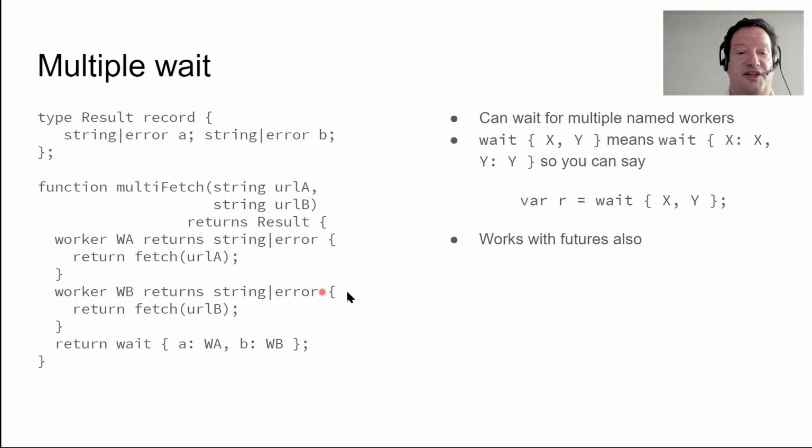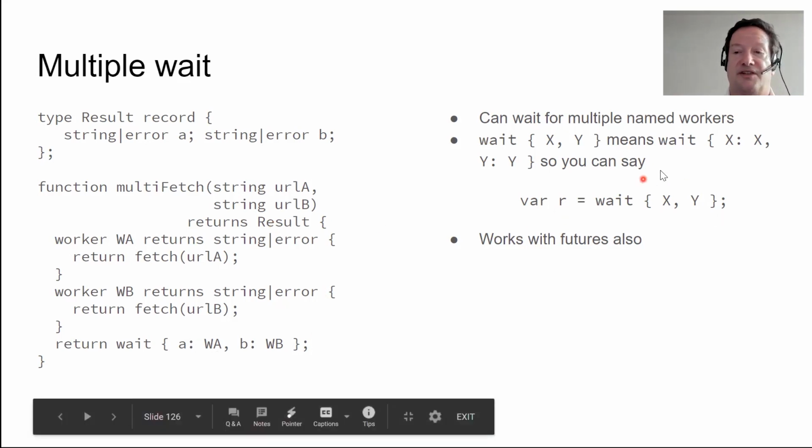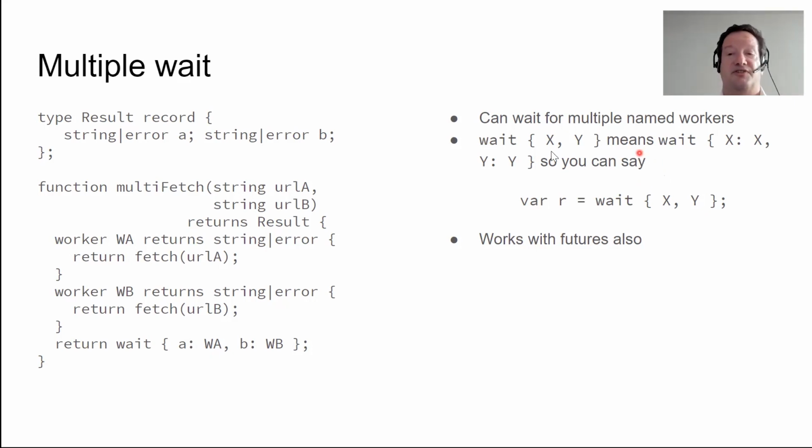And there's actually a shorthand for this, just as with binding patterns and record constructors, you can put curly brackets X, Y, and that's short for X colon X, Y colon Y. And that works with wait as well.